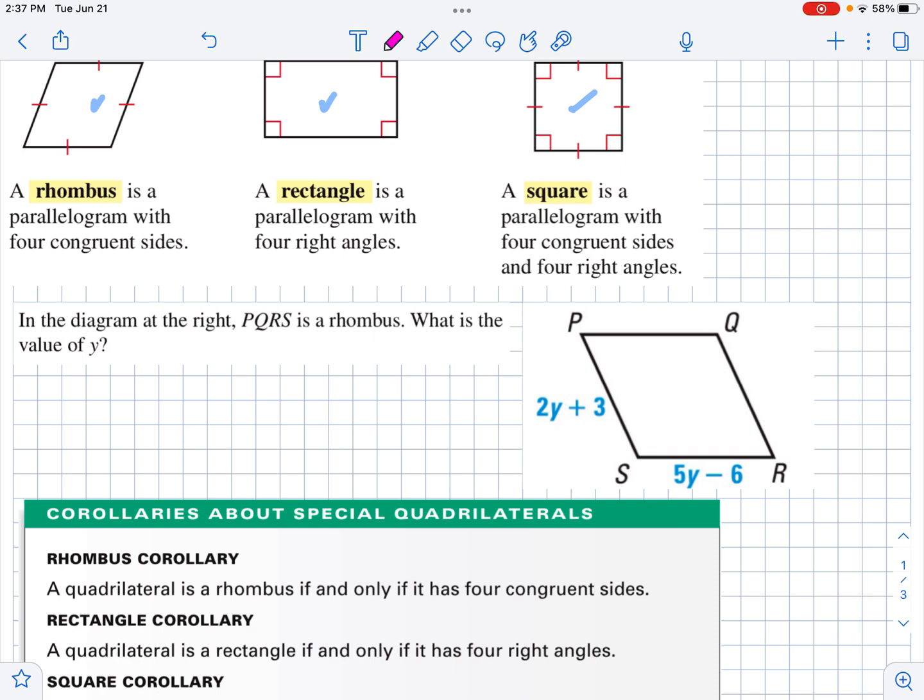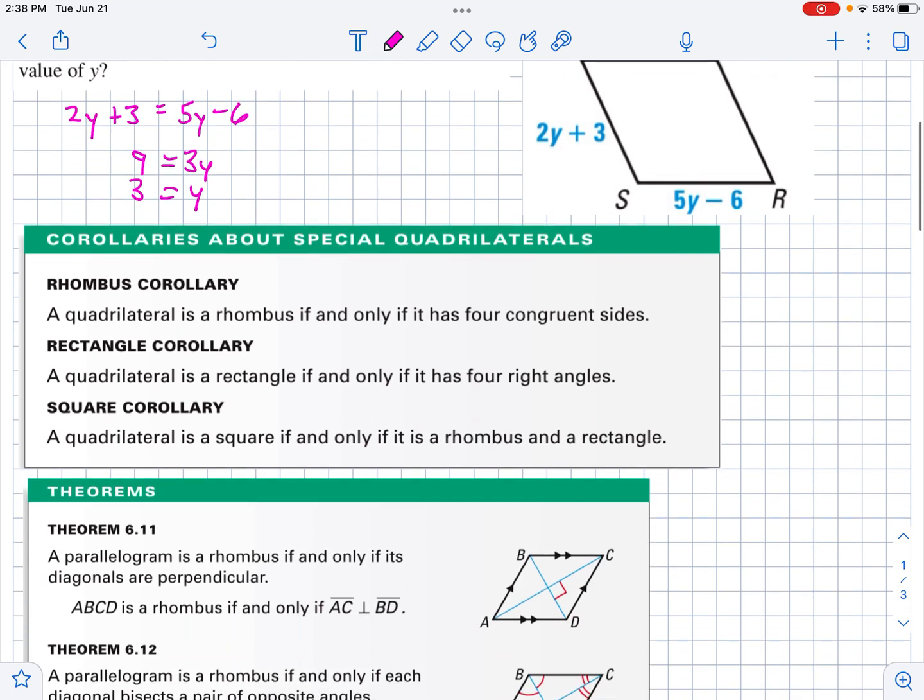Well, a rhombus is all the sides are the same length. So we have 2y plus 3 equals 5y minus 6. And I could bring the 2y over and get 3y equals 9 and y equals 3. So we could solve the equation that way and get the value for y.